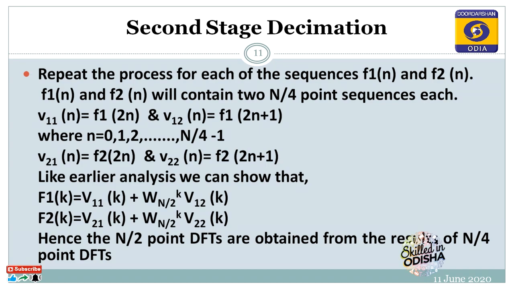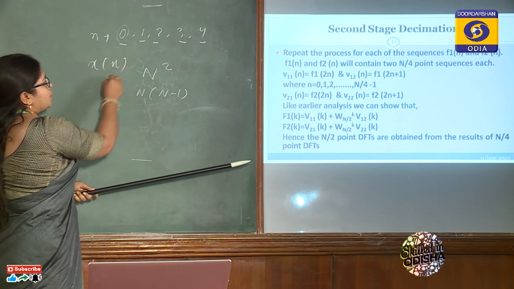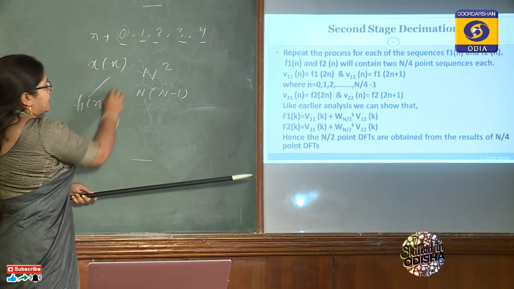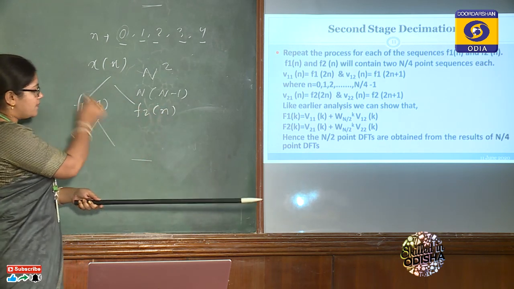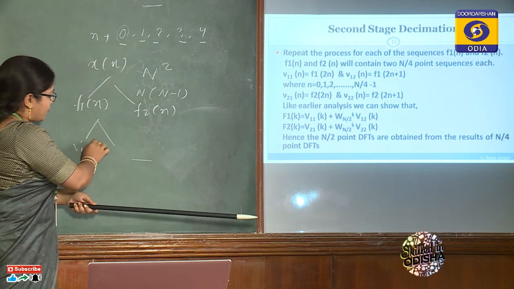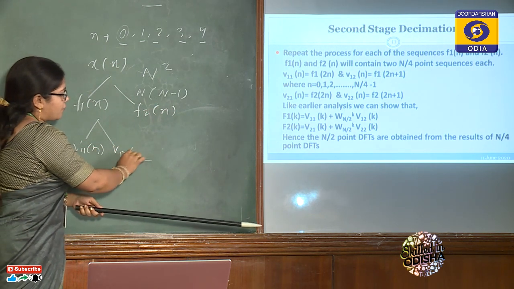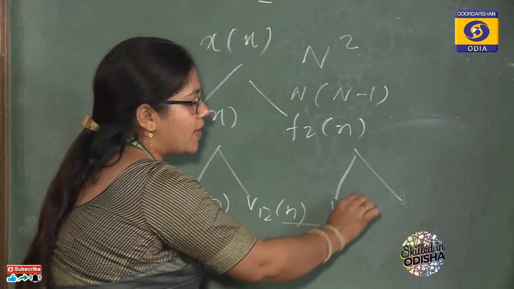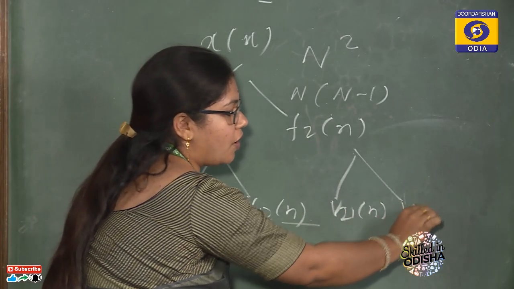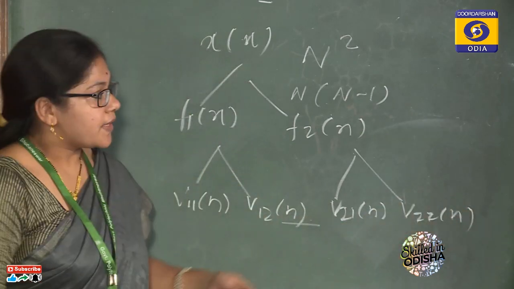Just like we divided x(n) into f1(n) and f2(n), in the second stage of decimation we will divide f1(n) into v11(n) and v12(n), then f2(n) into v21(n) and v22(n).